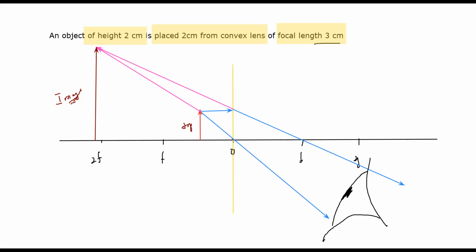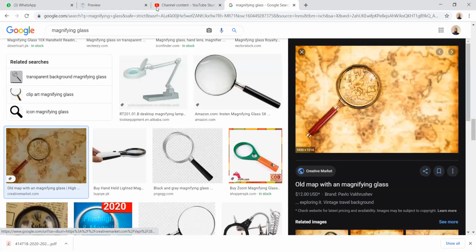So what happens in the case of a magnifying glass? These magnifying glasses are actually making a text visible to us or larger. So why is it making the objects bigger or larger? Because the object is within the focal length.